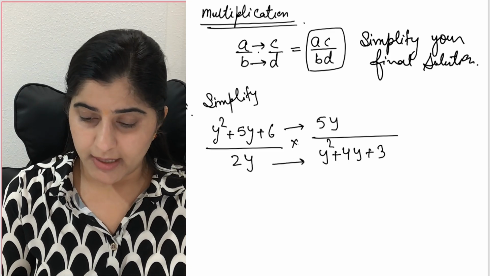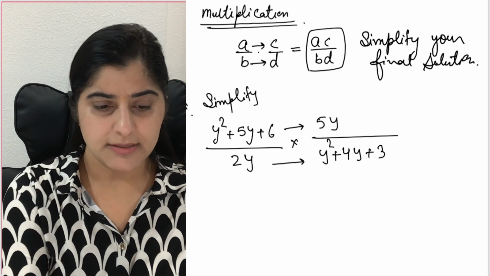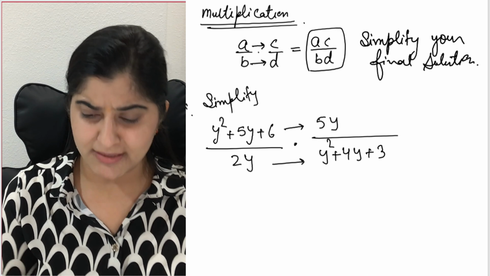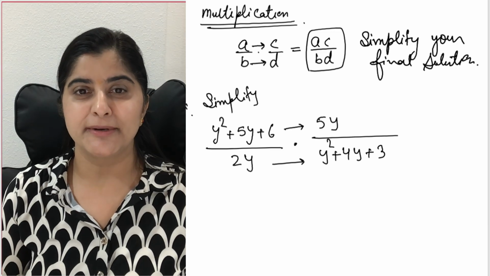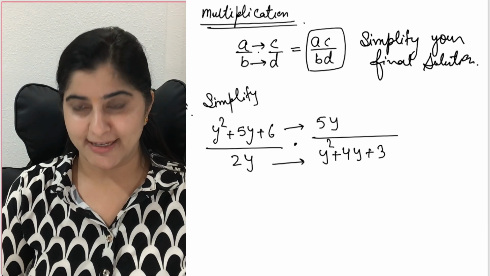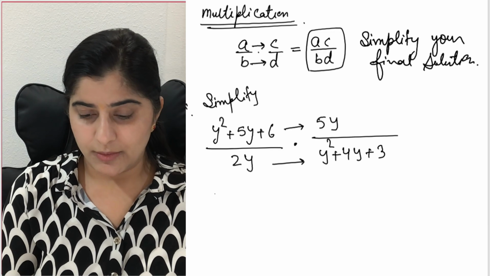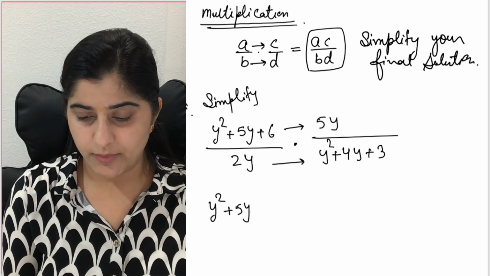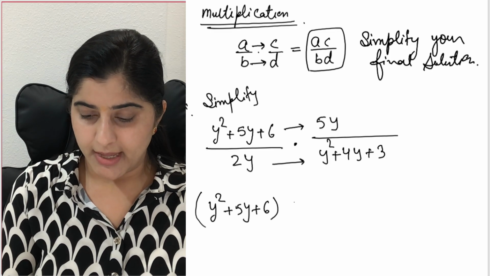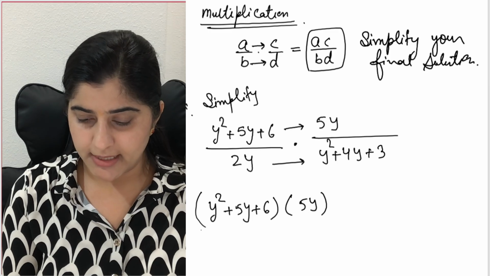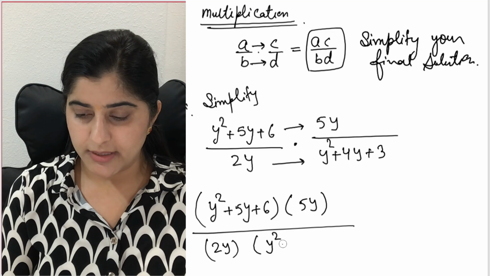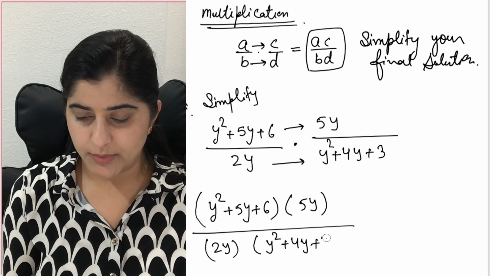Here, instead of using the cross sign, I'm going to use a dot for the multiplication, because the cross sign is a little bit confusing with the variable x. So in the numerator we will have (y squared plus 5y plus 6) times 5y, and in the denominator we have 2y times (y squared plus 4y plus 3).